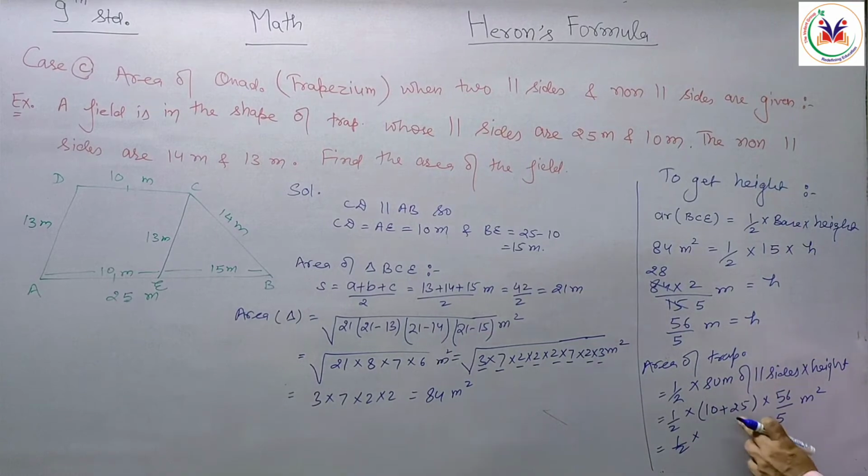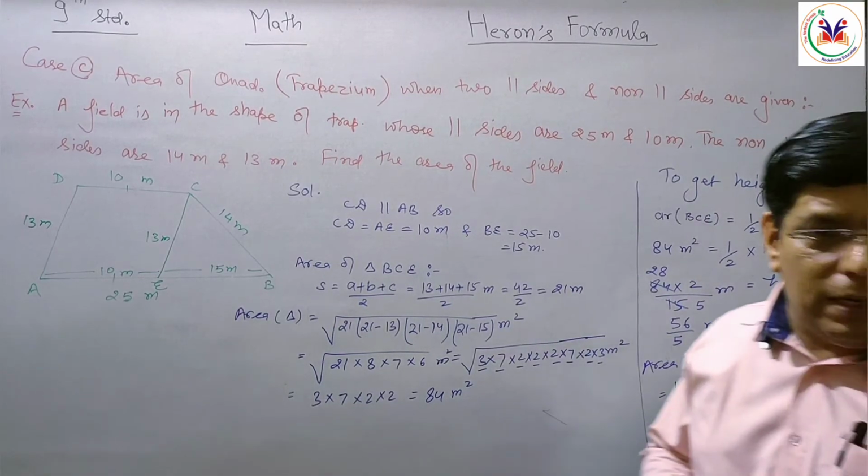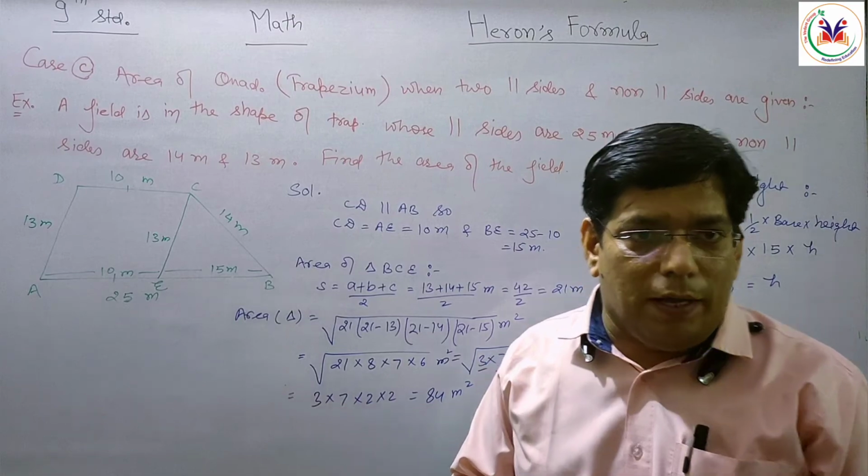So 10 plus 25, 35, into 56 upon 5. 5 cuts 7 times, this 28 times. Now 7 times 8 is 56, 196. So the answer will be 196 meter square.